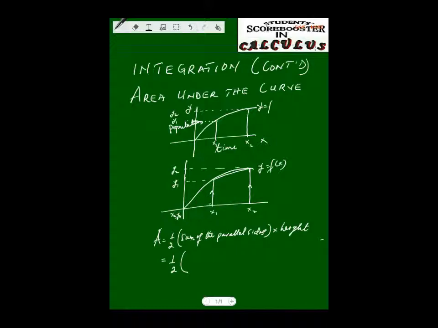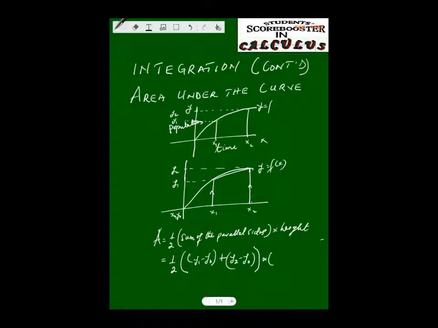So the sum is, from here to here, y1 minus y0, plus from here to here, y2 minus y0, then times the height.